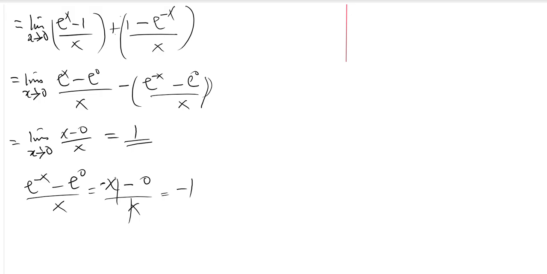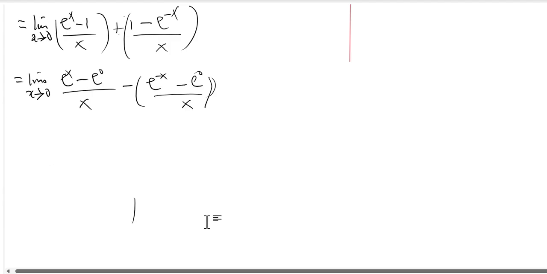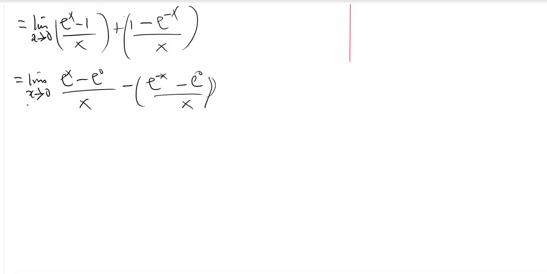So if we combine both of them, we are going to have the limit as x approaches 0 of x minus 0 all over x, minus minus x minus 0 all over x.